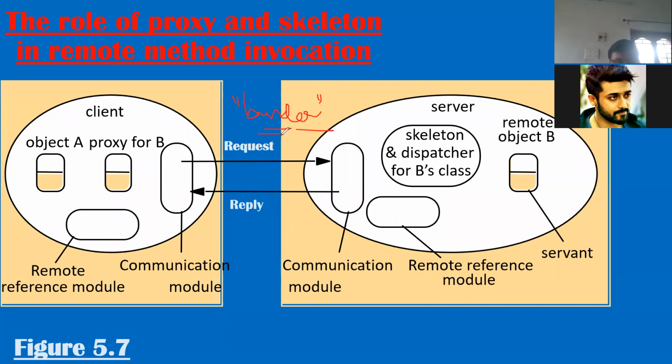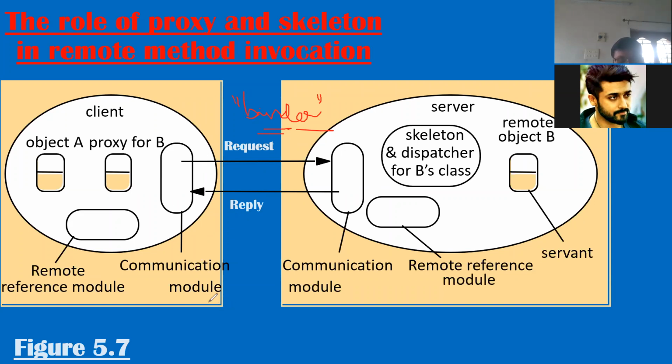RMI requires that a client program has a means of obtaining a remote object reference. These client programs generally require a means of obtaining a remote object reference for at least one of the remote objects held by the server.